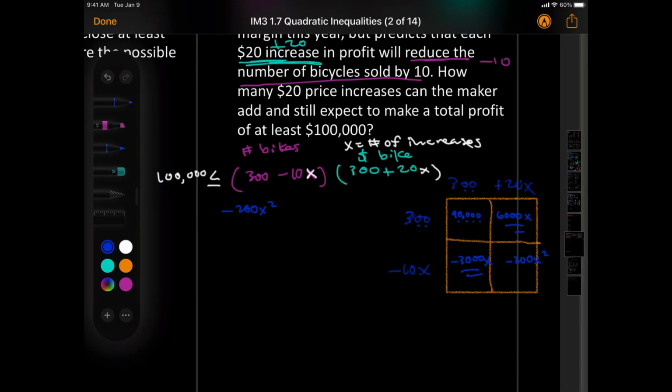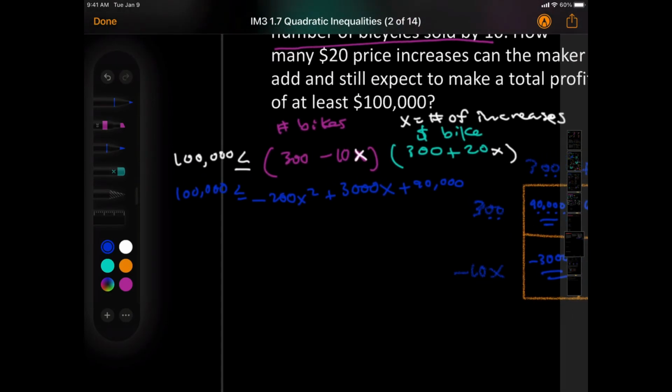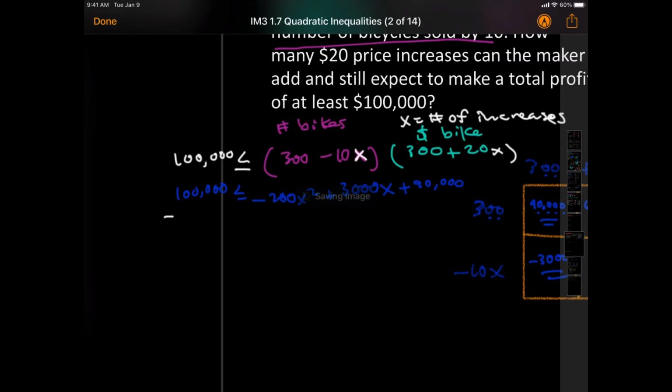These are like terms, so I can add those together, plus 3,000x plus 90,000. And remember, to solve quadratics, all we have to do is set it equal to 0.